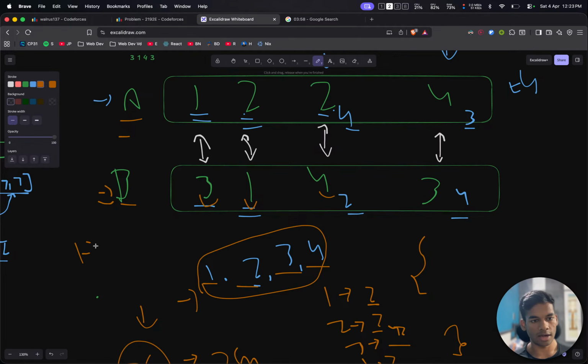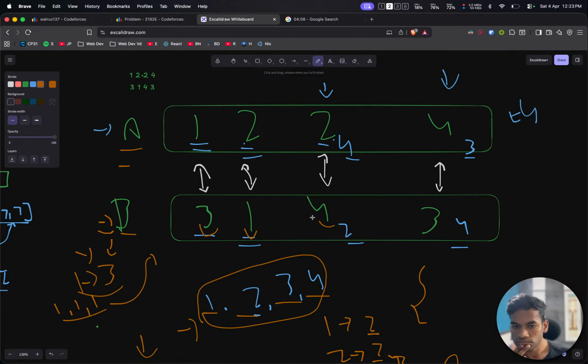If we had 1 three times in total, no matter how much we rearrange, we can never split 3 ones equally between two arrays. So the first check is that the count of each element appearing has to be even.